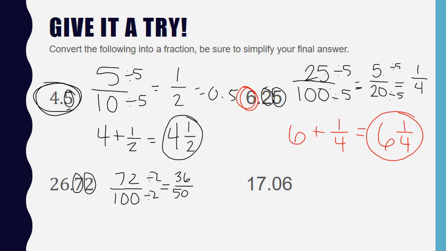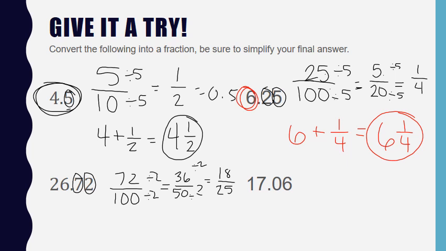They're still even numbers, so I can divide by 2 again. 36 divided by 2, and again, if you don't know it, use a calculator. And 50 divided by 2 is 25.